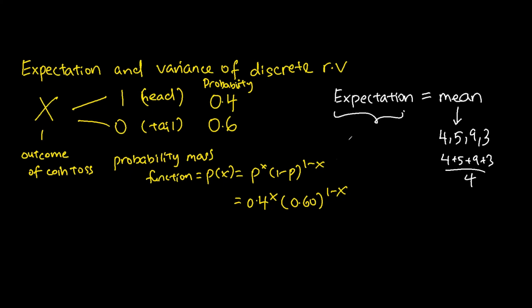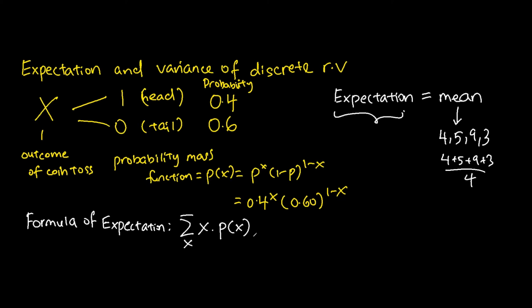So based on the formula of expectation, it simply means that you take the sum of x, the numerical value of the outcome, times their probability.